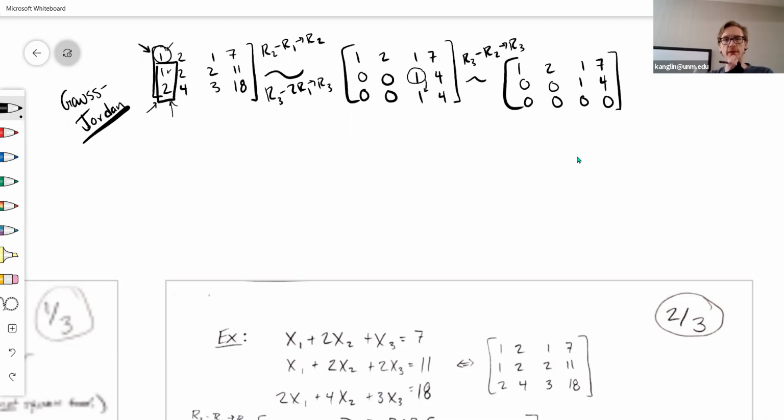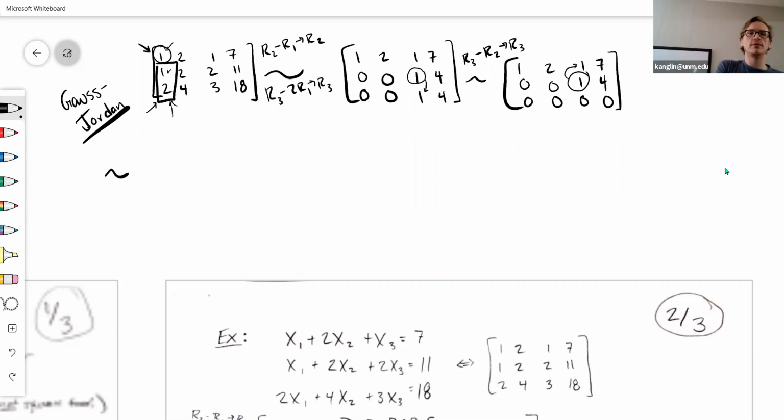Take a beat here and maybe think, what's left to do? What requirement have we not met here? I claim the requirement we haven't met is this lead 1 in the second row doesn't have all zeros above and below it. This 1 above it needs to be removed. So I'm going to use this guy to remove the 1 that sits above it now. What will that take?